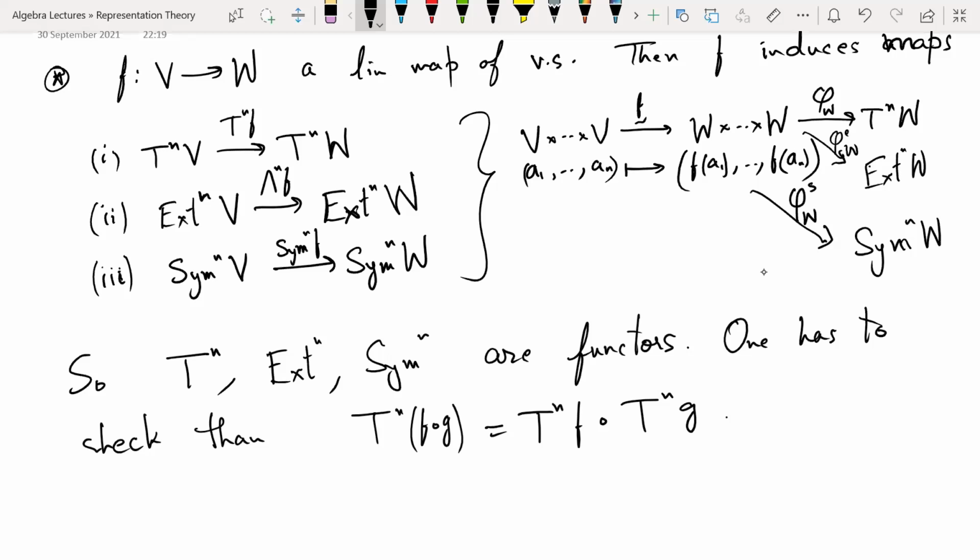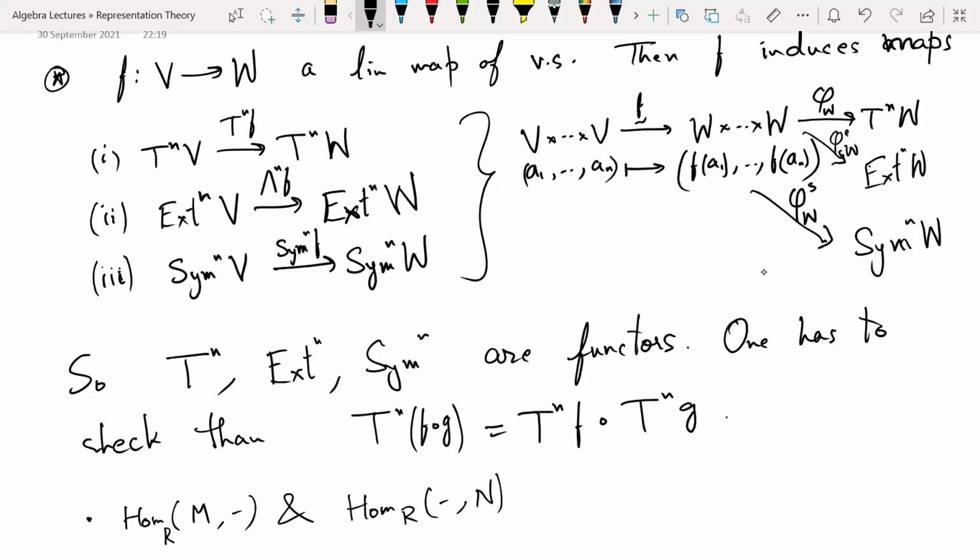So we saw Hom(M, -) and Hom(-, M). These are functors. One is covariant and the other is contravariant, so the direction of the arrow changes, but they are both functors.